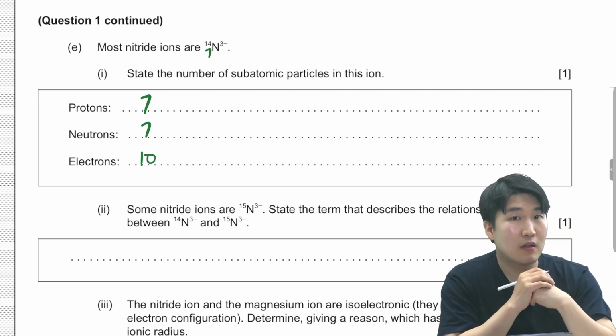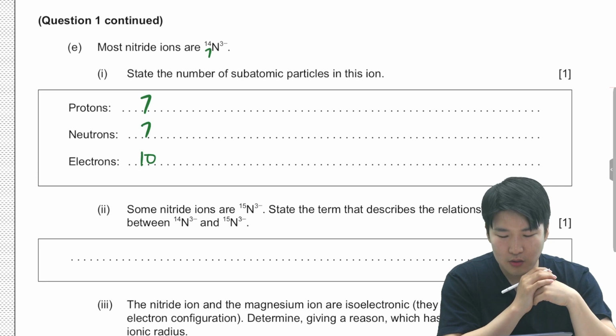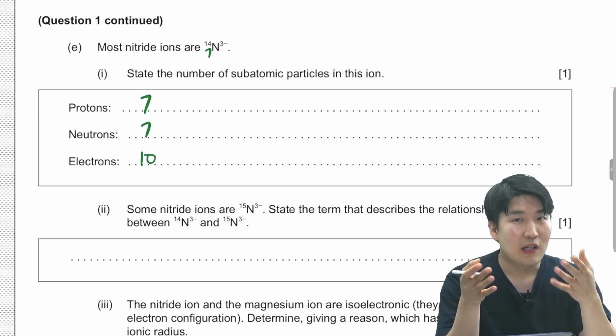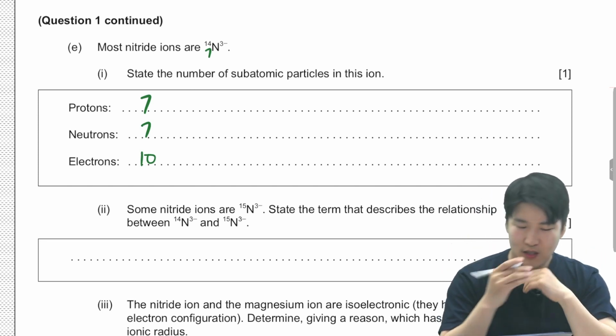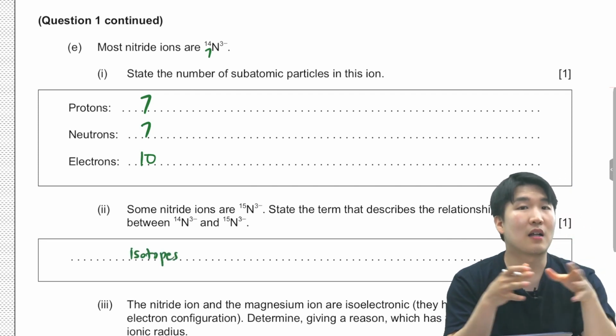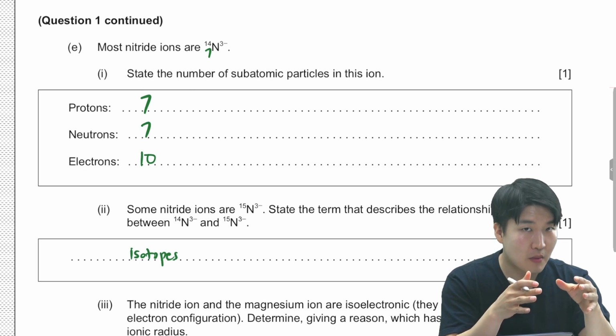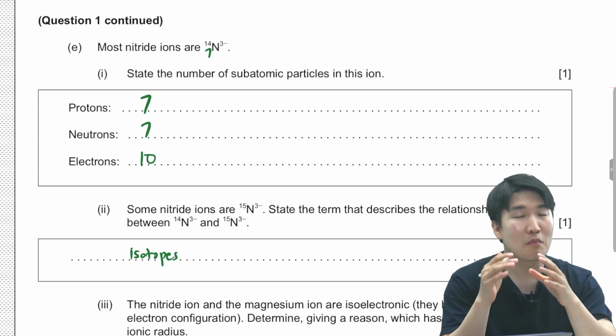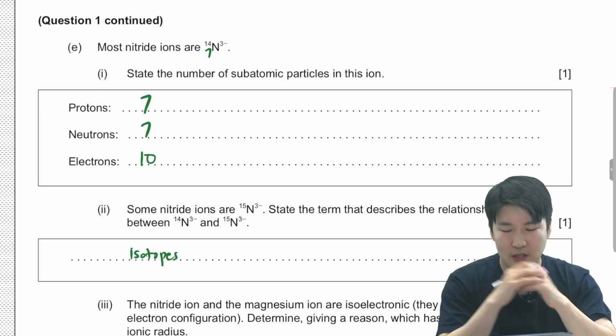We are now given an isotopic anion of nitrogen, 15 N3-, as well as 14 N3-. Oh, I've just said the word isotopic relationship. Yes, isotopes are atoms of the same element with the same atomic number but different mass number.